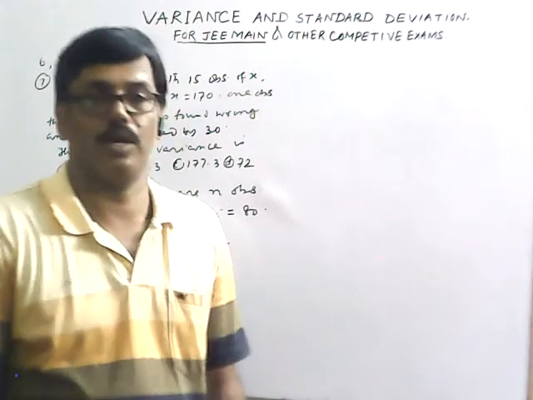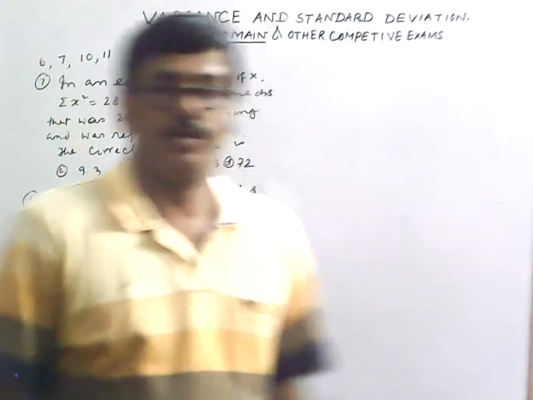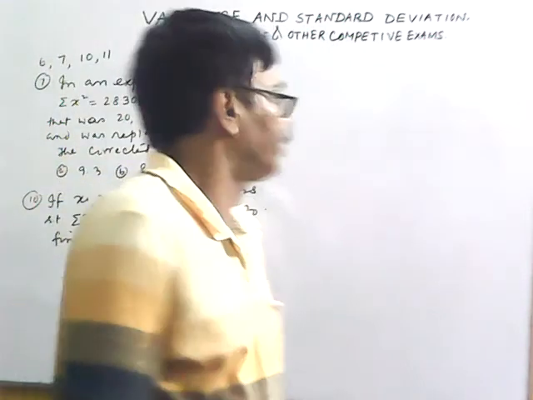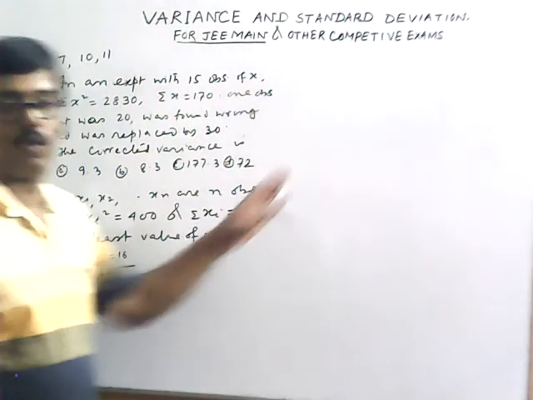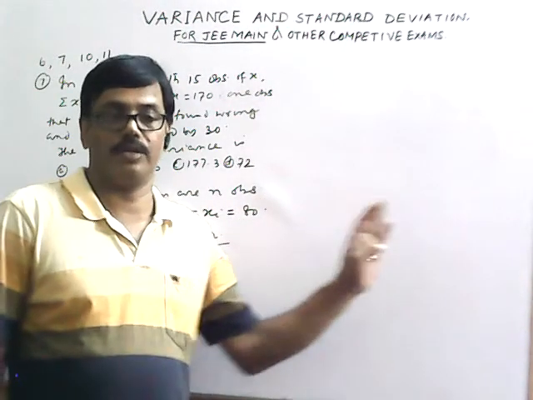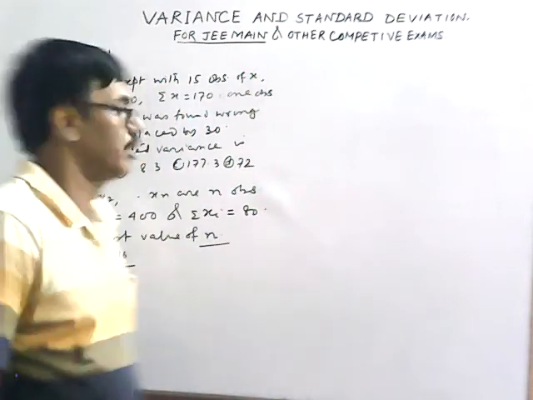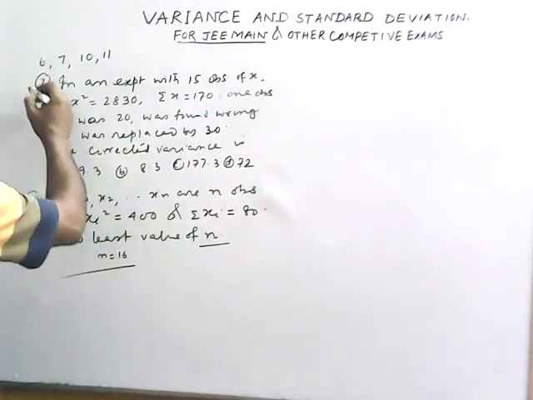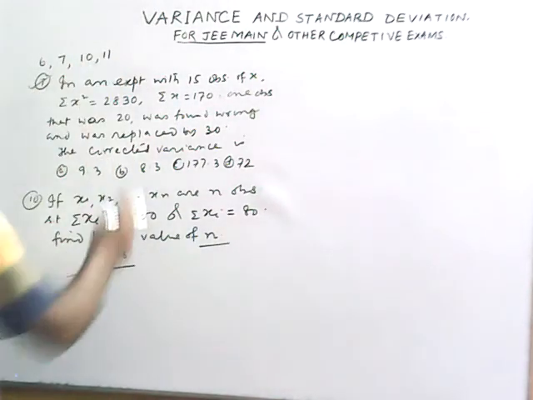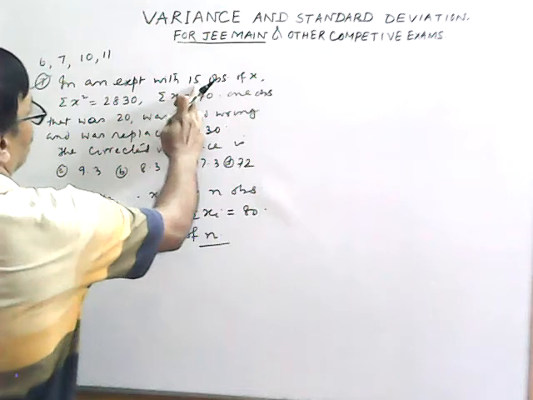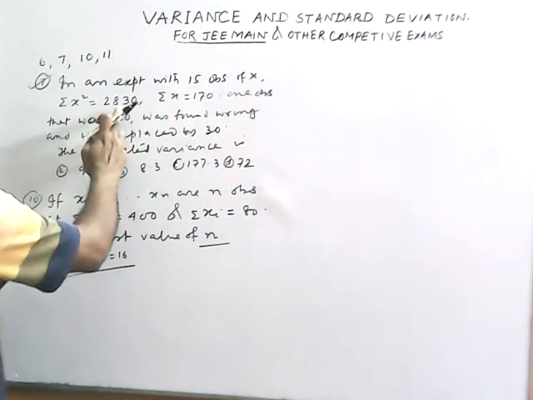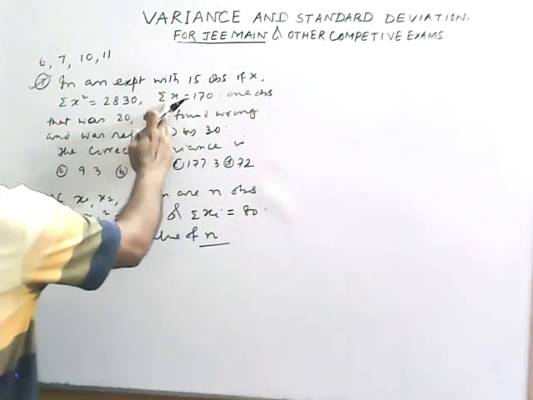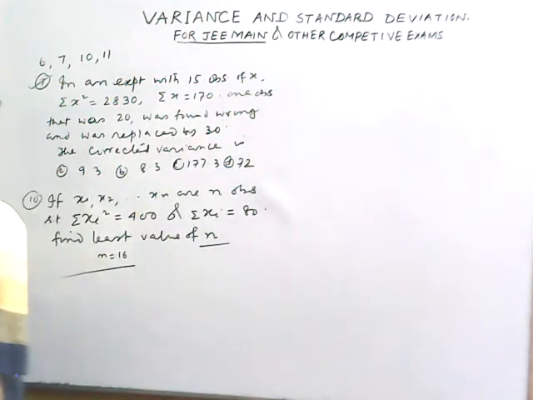Now we consider the second type of problem. Look, problems are given in description figure. So look, problem number 7. In an experiment with 15 observations of x, summation x square equals 2830 and summation x equals 160.